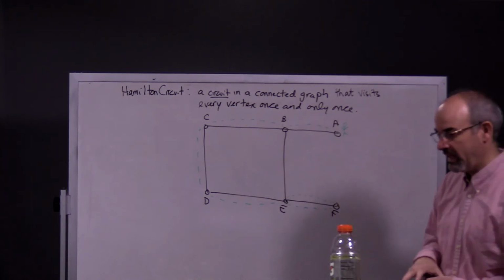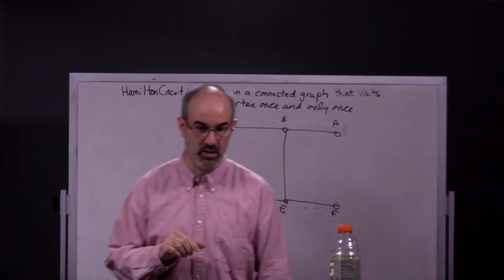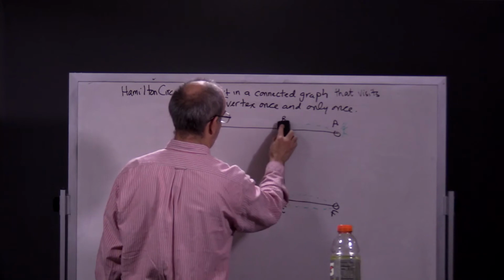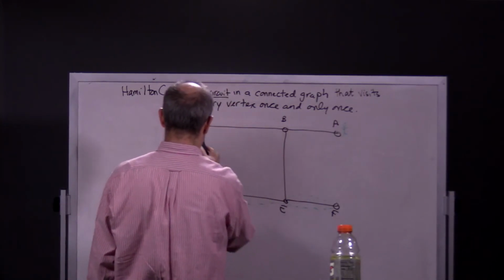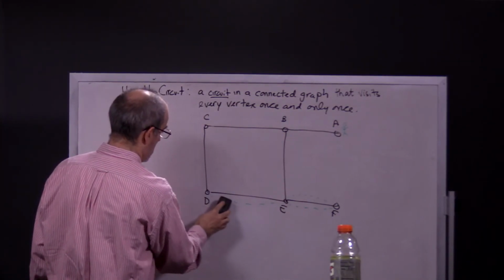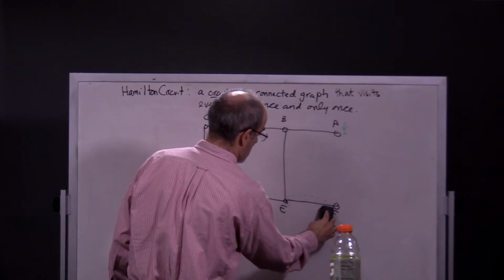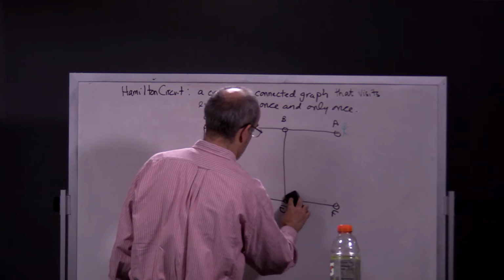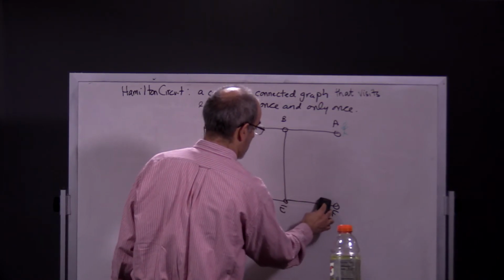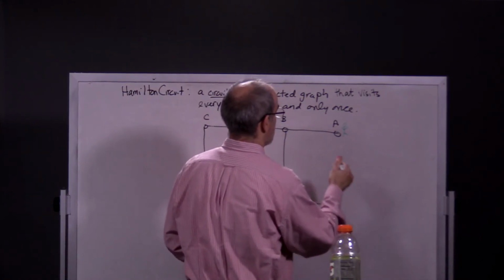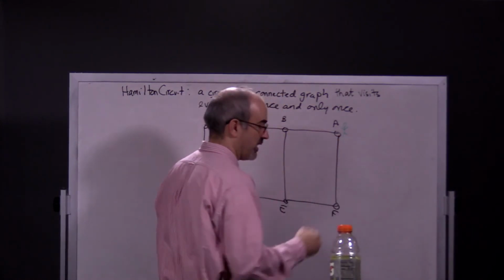There's plenty of graphs that don't have Hamilton circuits. Let me draw an example of one that does. That would be easy to do. All I have to do, if I wanted to make a graph that did have a Hamilton circuit, is to draw an edge there.